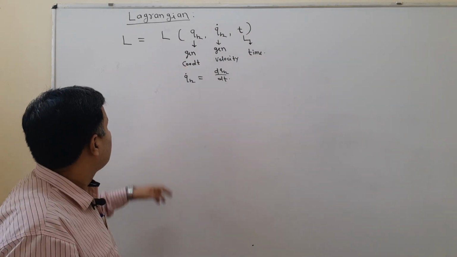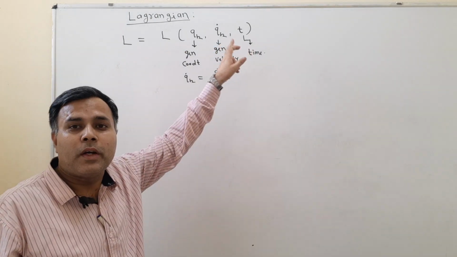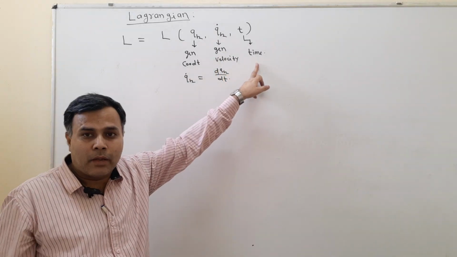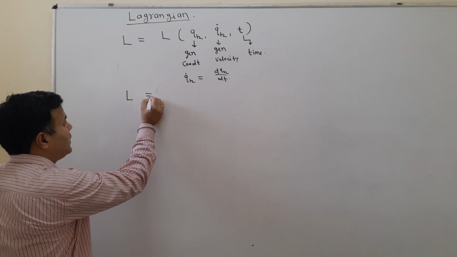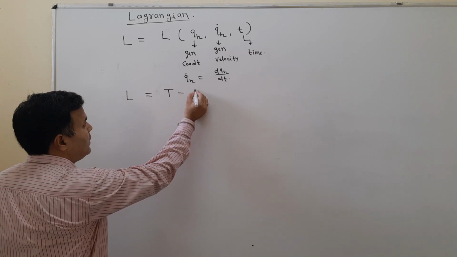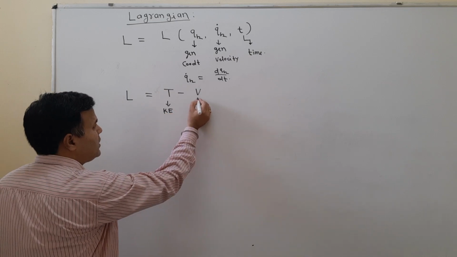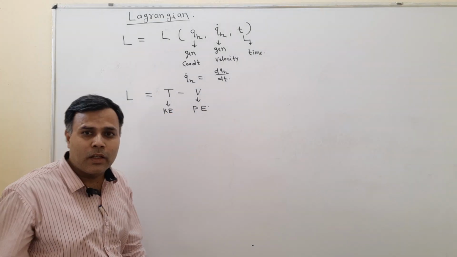So he developed the mathematics and defined the Lagrangian, L, which is a function of generalized coordinate, generalized velocity and time. It is also defined as L equal to T minus V. T is kinetic energy and V is potential energy.